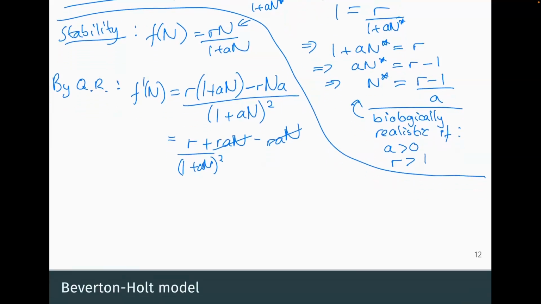We now need to think about what happens at our steady states. So let's think about n star is equal to 0. Our f prime at 0 is going to be r over 1 plus 0 squared. This is just r.